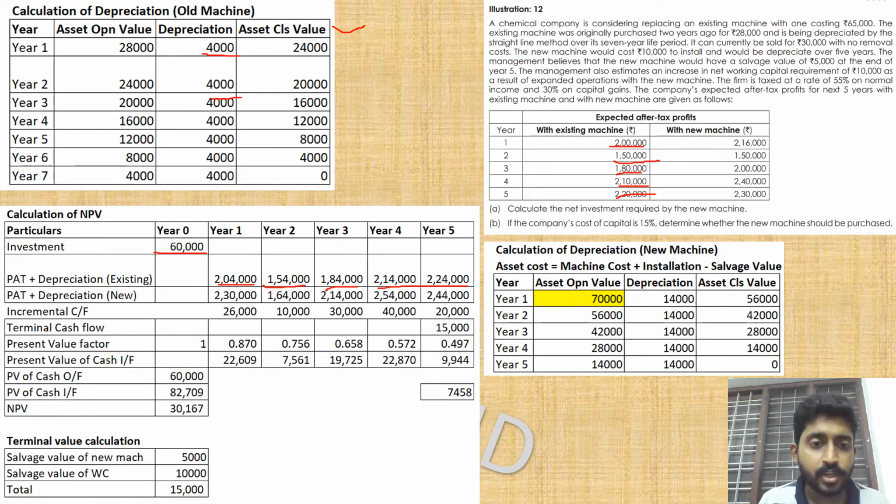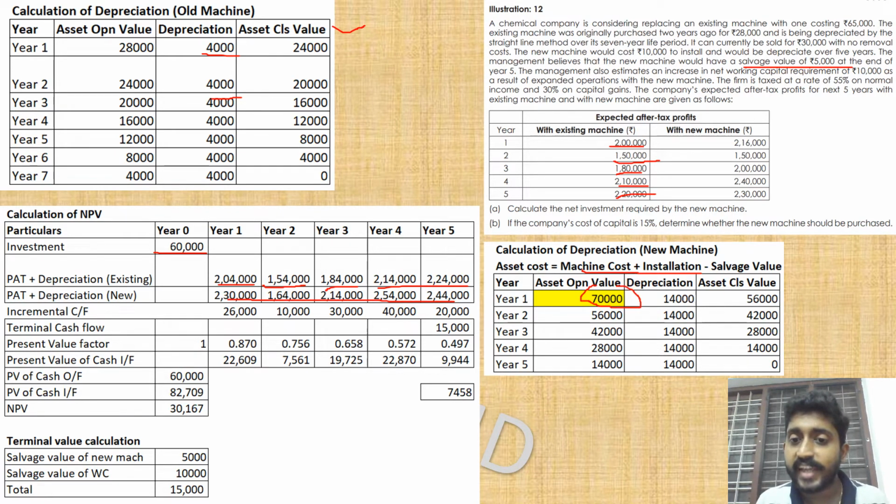Same way for the new machine, what is the profit after tax plus depreciation, for which we have to calculate the depreciation. What is the cost of new machine? Cost of new machine is 65,000 plus the installation cost of 10,000, so 75,000. What is the salvage value of the machine? Salvage value of the new machine is given as 5,000. So 65,000 plus 10,000 minus 5,000 becomes 70,000 is the value of the asset.